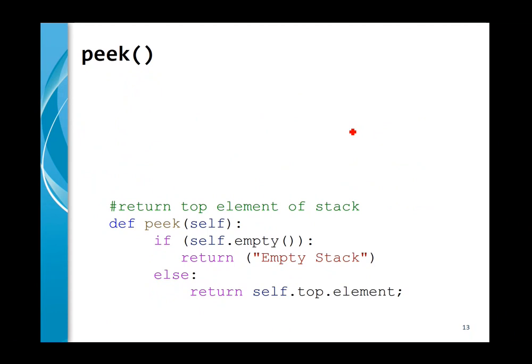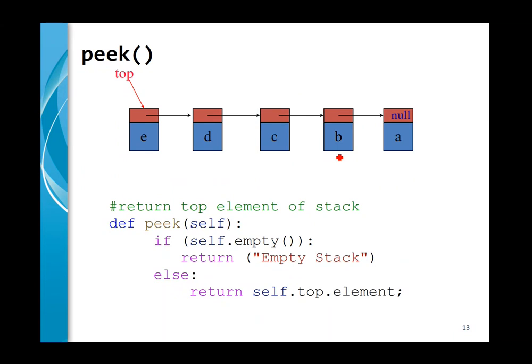That's the first case. And then how about peek? Peek means that it would just look at the first node, but remember, not removing any. It checks whether the stack is empty.